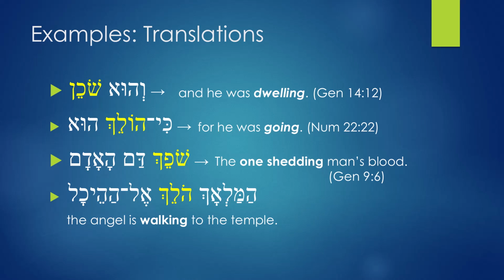It comes from the verb halach, and halach means he walked. So holech means walking or going. So you have ki, which means for, holech, which means walking or going, and then you have the subject, hu. The translation becomes: for he was walking. So that's how you translate that.